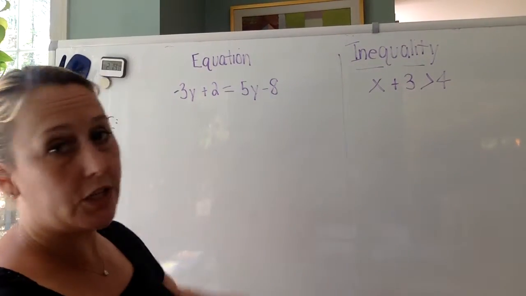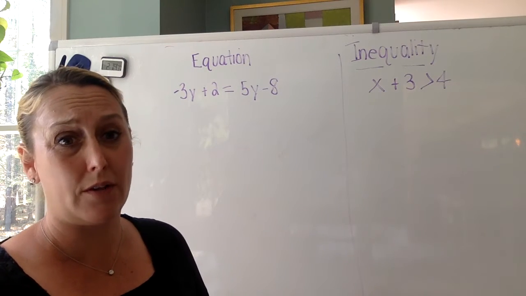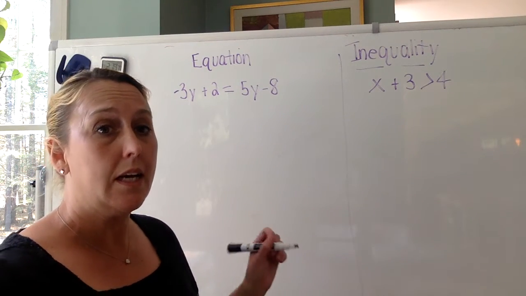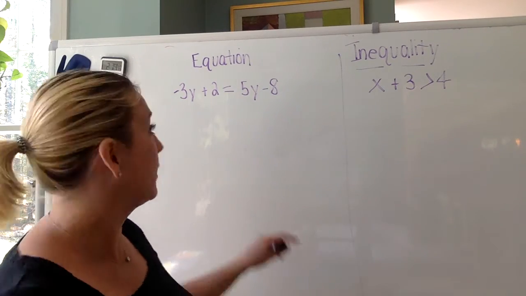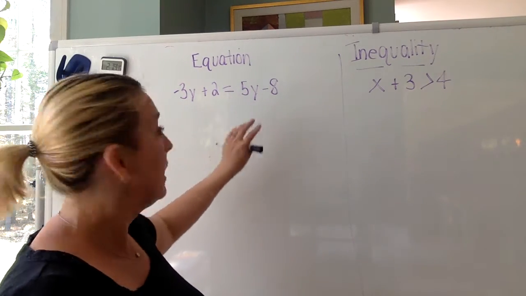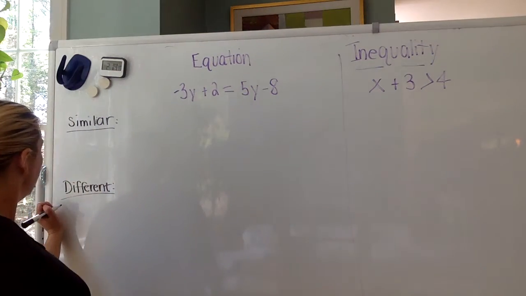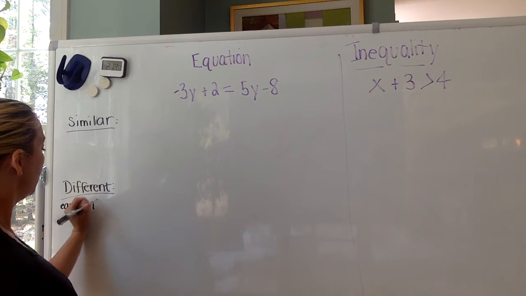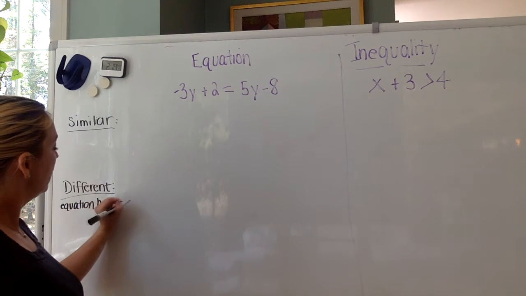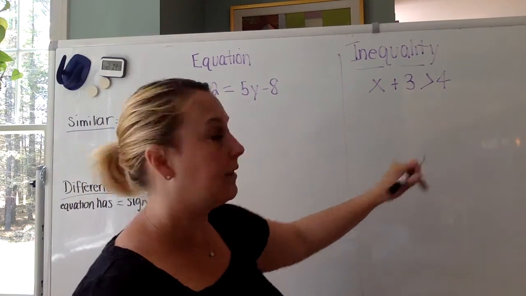So equation, that's what we've been doing so far in all of our algebraic work in this unit and in the last unit. We had expressions early on, right? Remember, those don't have an equal sign. Then we went to equations; an equation has an equal sign, versus the inequality has the alligator.